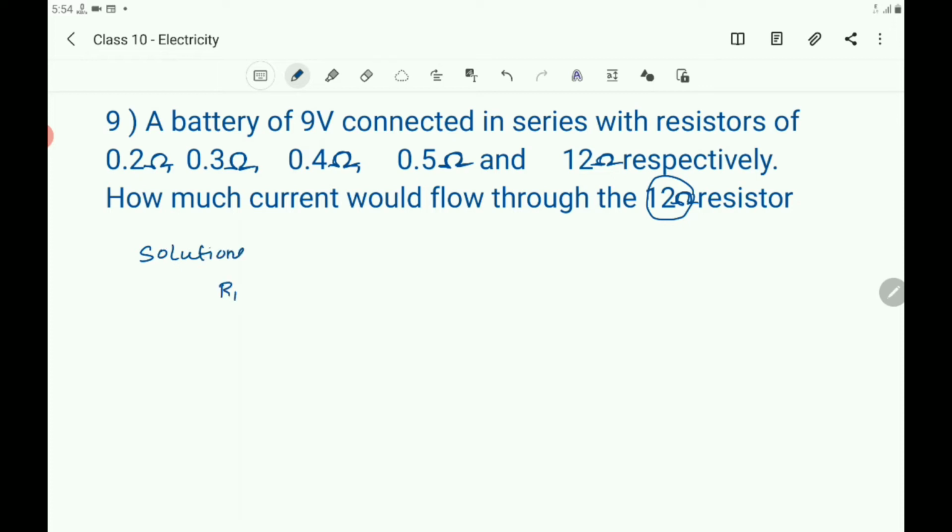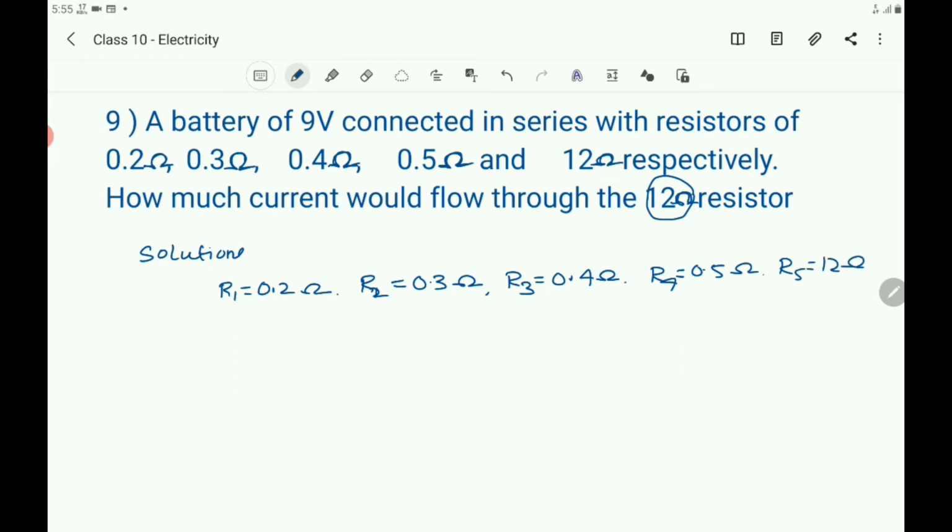Take R1 equals 0.2 ohm, R2 equals 0.3 ohm, R3 equals 0.4 ohm, R4 equals 0.5 ohm and R5 equals 12 ohm.